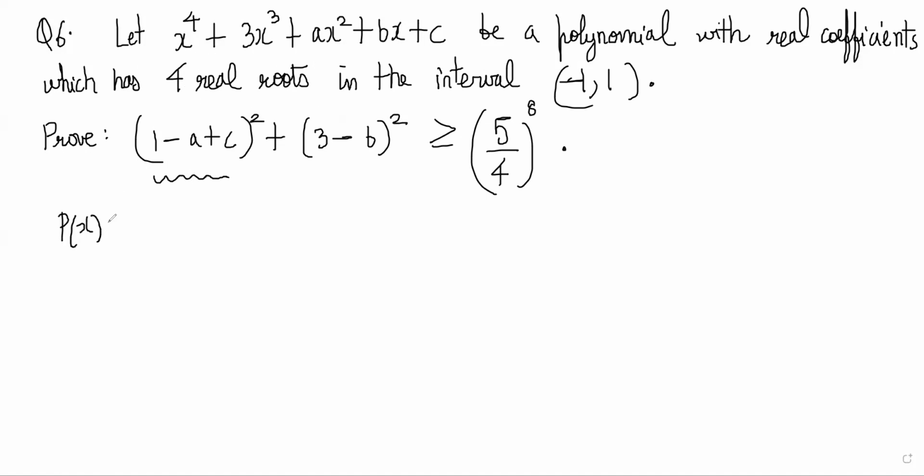So your p of x is x power 4 plus 3x cubed plus ax square plus bx plus c.